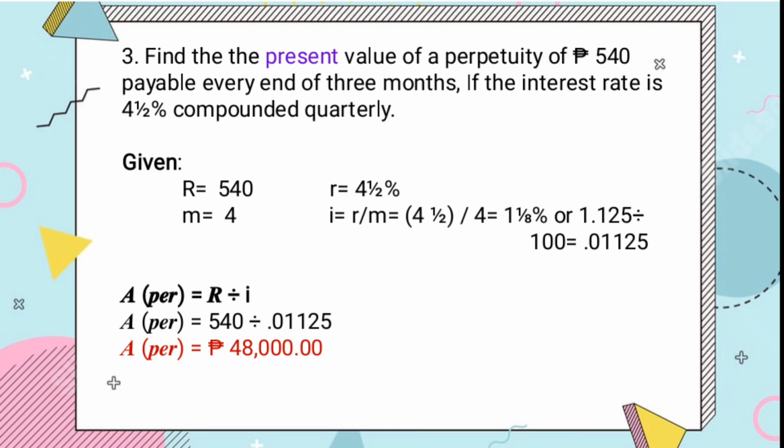Why is there a 0.00? Because we use 2 decimal places, and if nothing follows, you just put 0.00. Take note, if the next digit is 5 or higher, you need to round off. Don't forget to put a peso sign. So that's it. That's how you solve simple perpetuity.